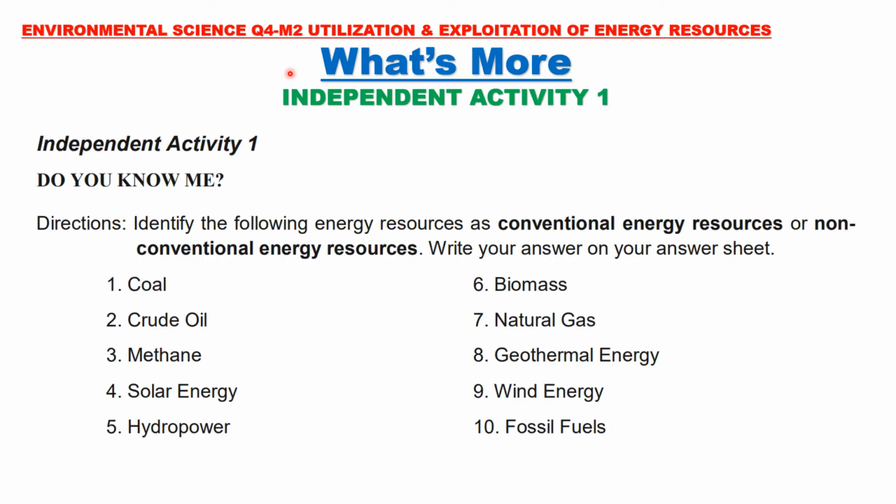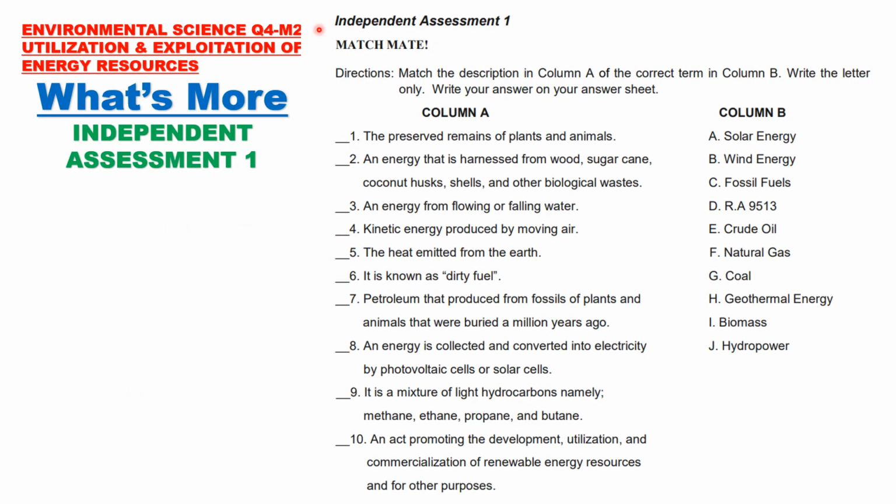What's more, Independent Activity 1. Identify the following energy resources as conventional energy resources or non-conventional energy resources. So if it's conventional, write letter C. If it's non-conventional, write NC. Independent Assessment 1.